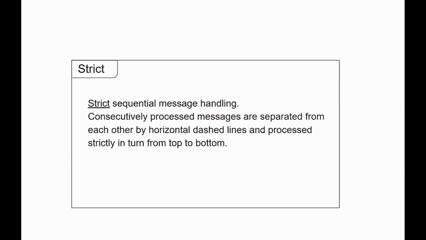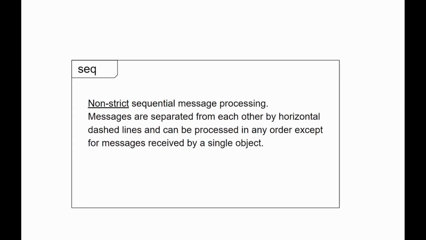In programming, this technique is always used to localize errors. Strict. Sequential message handling. Consecutively processed messages are separated from each other by horizontal dashed lines and processed strictly in turn from top to bottom. Seq. Non-strict sequential message processing. Messages are separated from each other by horizontal dashed lines and can be processed in any order except for messages received by one object. Ignore.